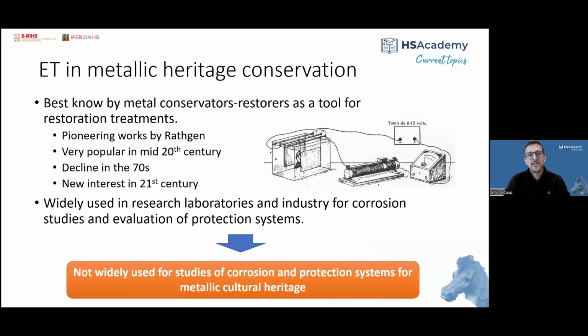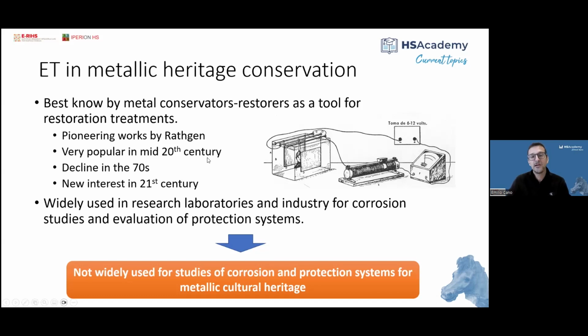Within the field of metal conservation, electrochemical techniques are better known as a tool for conservation and restoration treatments. They started to be used at the end of the 19th century by Friedrich Röntgen, and they became very popular in the middle of the 20th century. For instance, this image is taken from the Plenderleith book, The Conservation of Antiquities and Works of Art, which dedicates a lot of pages to these techniques.